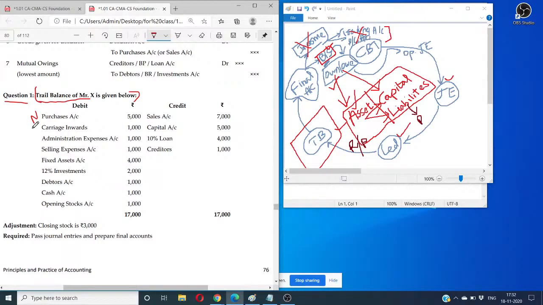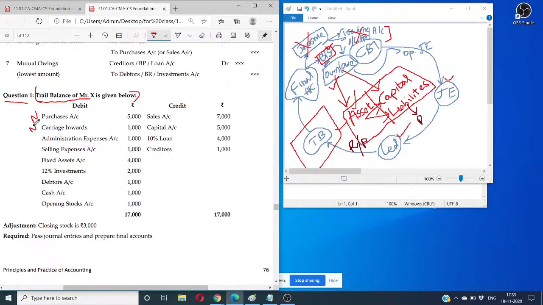Write carriage inwards as simply carriage and hyphen n. Simply if you are texting me nominal account, it will be confusing me whether your answer is for purchase or admin expenses or fixed assets. So while posting nominal, you mention the item and then put the nominal or n. So carriage inward is nominal.